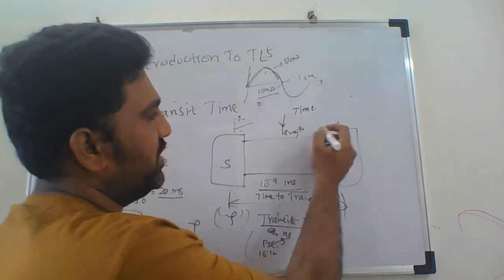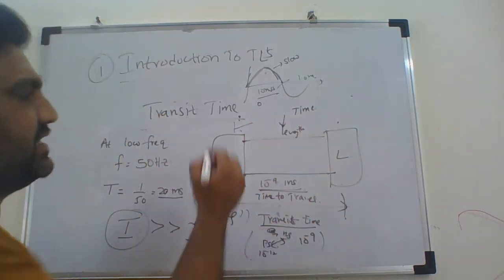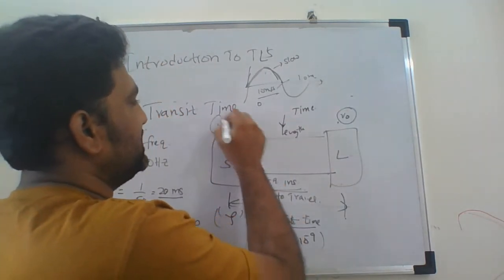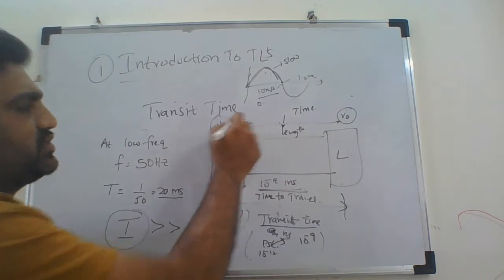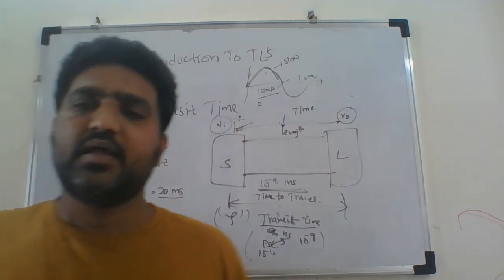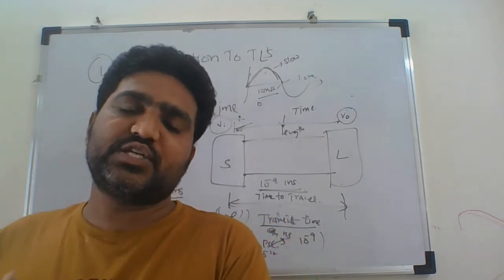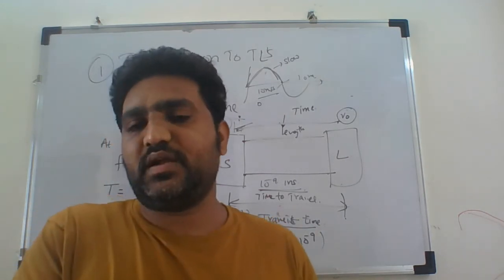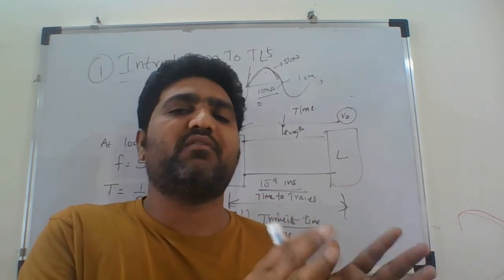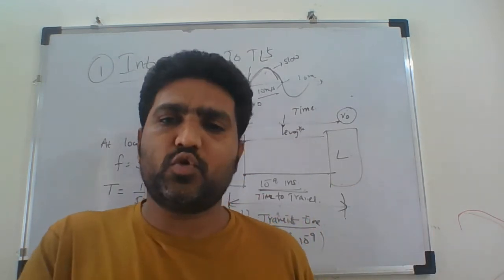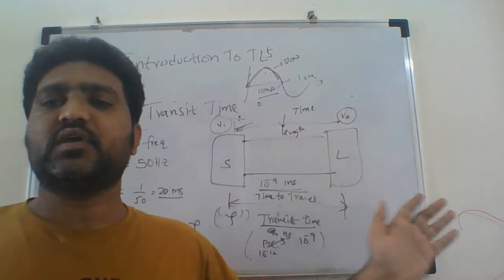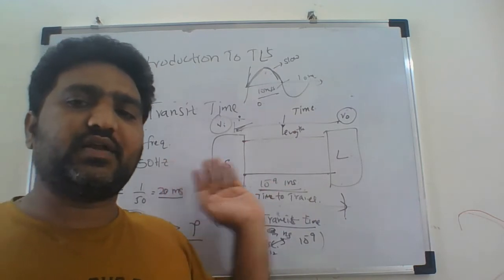When doing the analysis, the V naught that we take corresponds exactly to the input Vi applied at that instant, and the output at each instant is the corresponding output for the input applied at that time. The transmission line doesn't do anything, it just transfers the signal in no time.